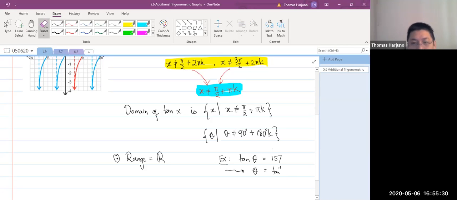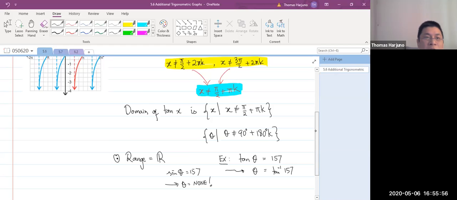Notice that this is not true for sine and cosine. If somebody asks you sine theta equals 157, your next term will be shut up. There is no such thing. There is no angle such that sine of that angle is 157.